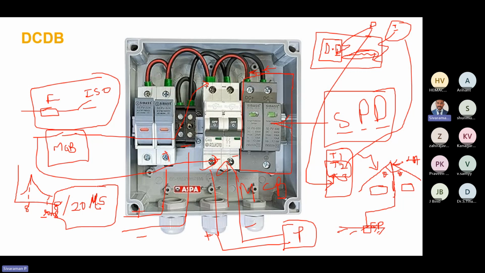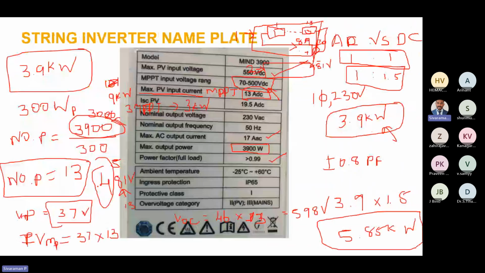Based on that, we have to arrive at the number of panels in series as well as parallel. When we are doing the stringing design, we have to take care of the MPPT voltage rating of the inverter. That is the first criteria. Second criteria is the open circuit voltage VOC.